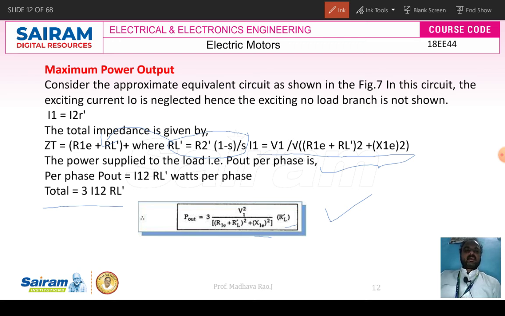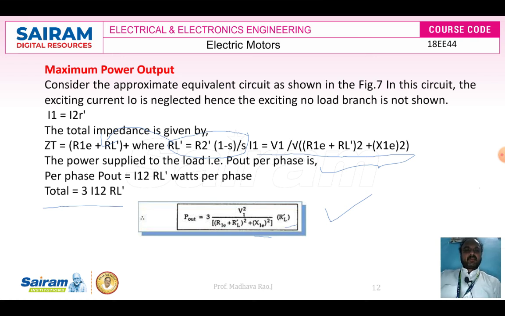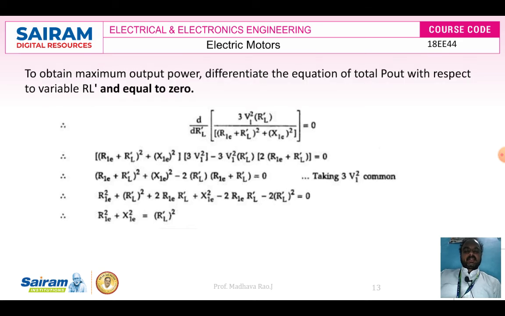This equation we got from the approximate equivalent circuit diagram while neglecting the exciting current. These equations are important to find the condition for maximum output power.